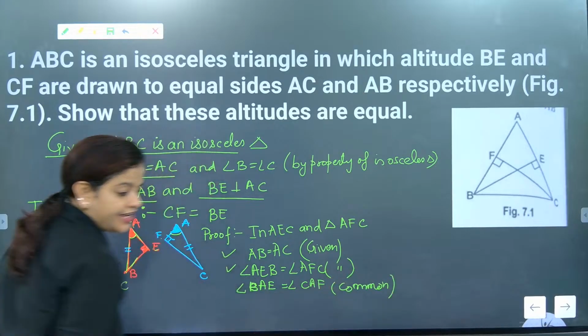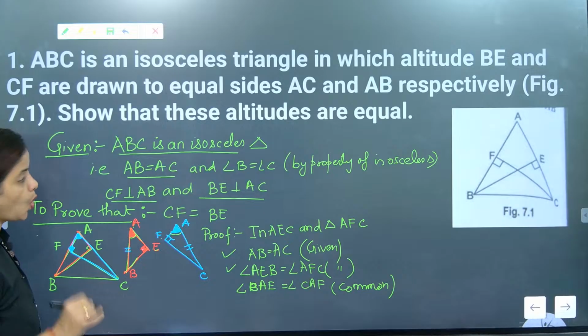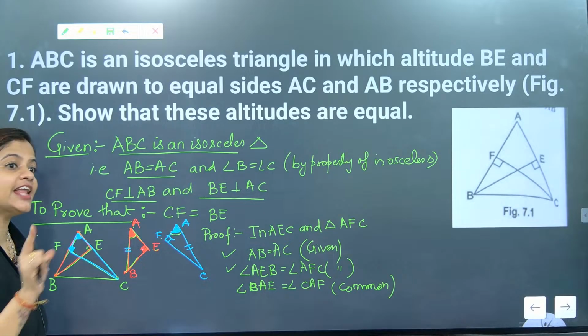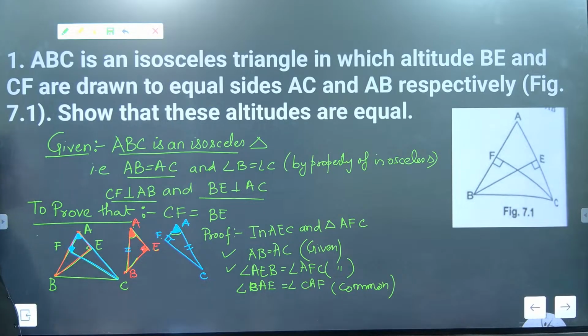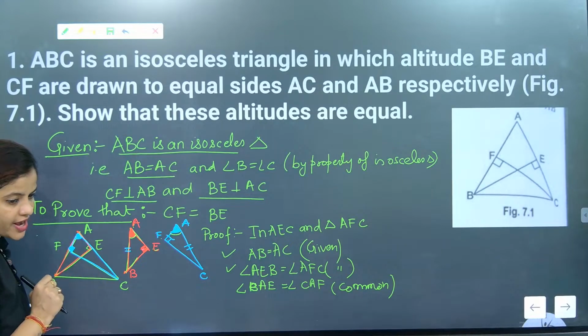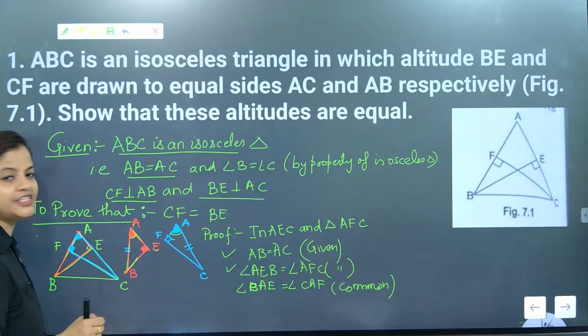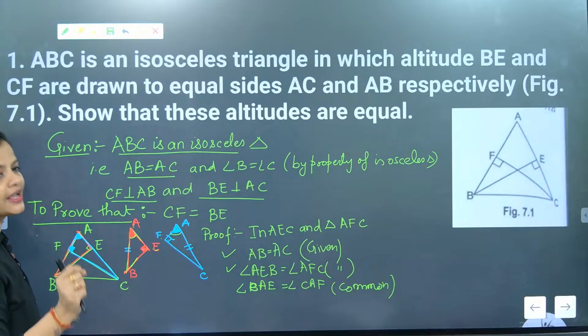Now, which criteria are we going to use here? It is not side angle side. Children watching the video, can you tell me which criteria we must use? Because we have taken out both triangles, one is 90 degree. Angle, side. The answer is angle, side.